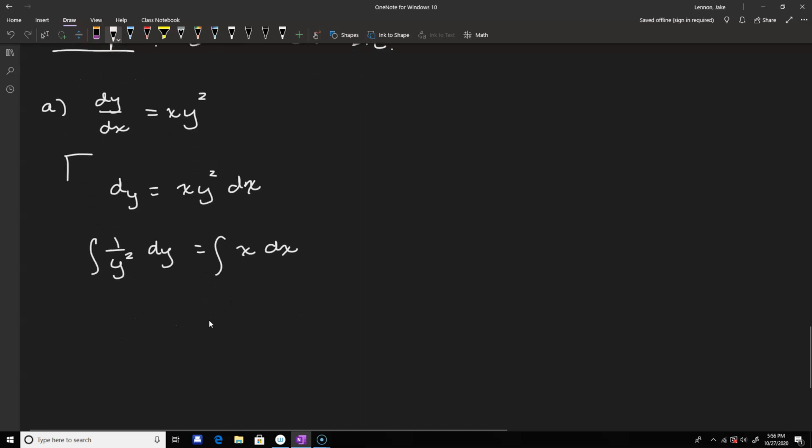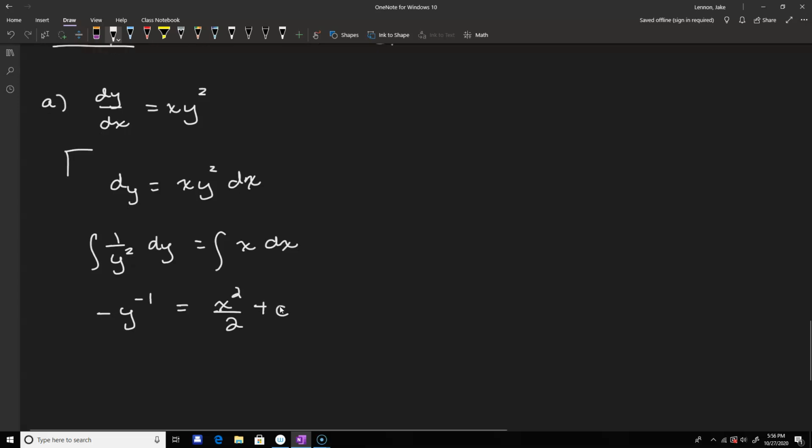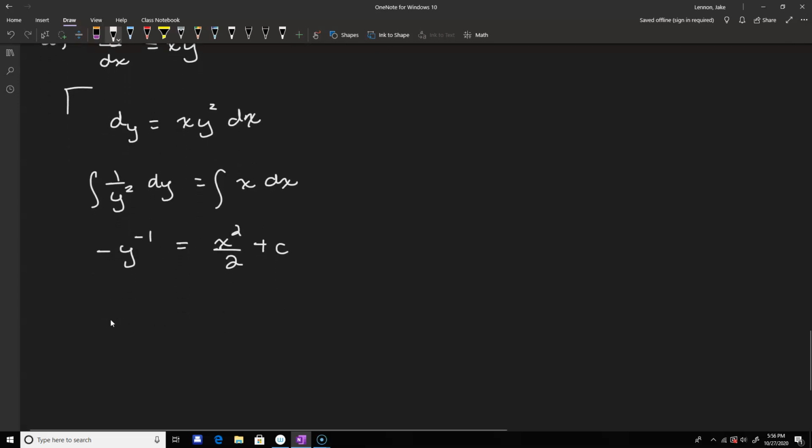Integrate both sides, and we would have minus y to the negative 1, because 1 over y squared is the same as y to the negative second. And when you integrate x, you get x squared over 2, and then in general plus a constant. So this would look like minus 1 over y equals x squared over 2 plus a constant.